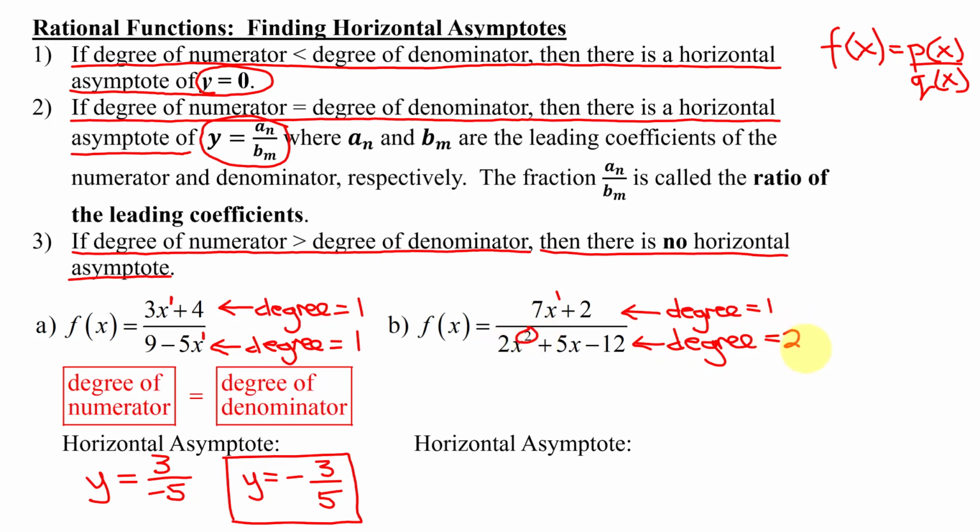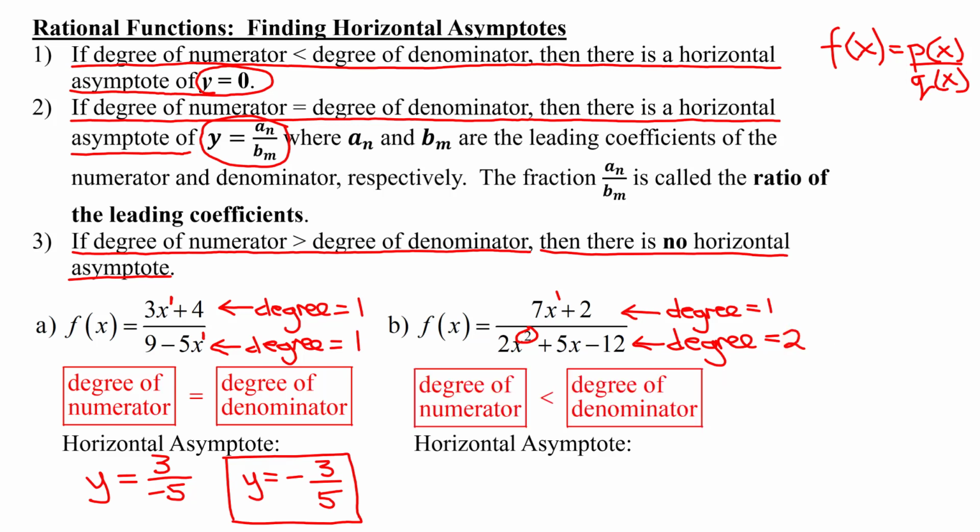It's a 2, so the degree is 2. So in this case, we know the degree of the numerator is less than the degree of the denominator, since 1 is less than 2. So this is the first case. So there is a horizontal asymptote, and it has the equation y equals 0.